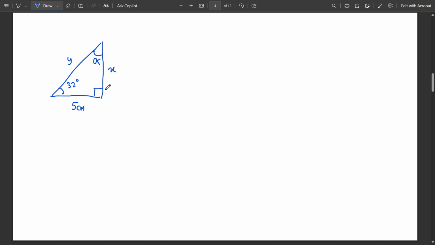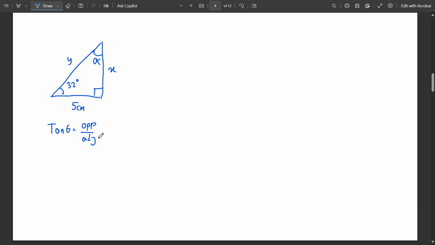So, what trig ratio uses opposite and adjacent? To find x, we have our tangent. Remember, tangent theta is equal to the opposite over the adjacent.